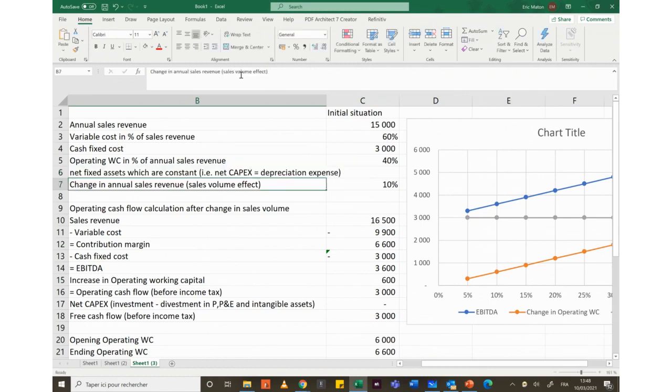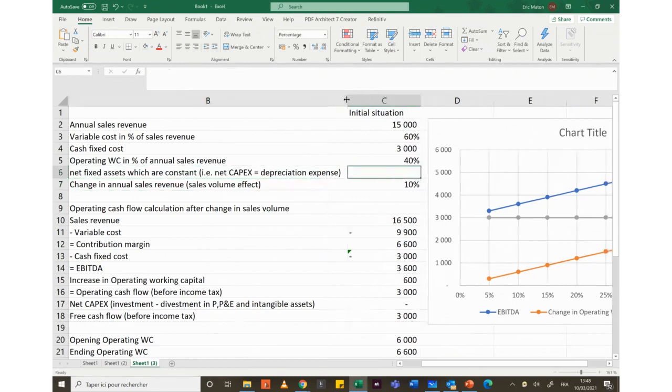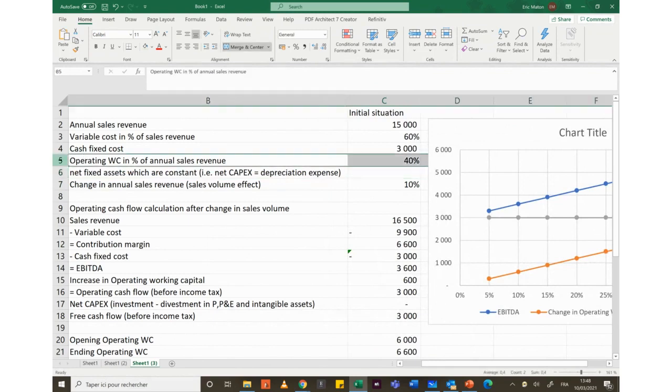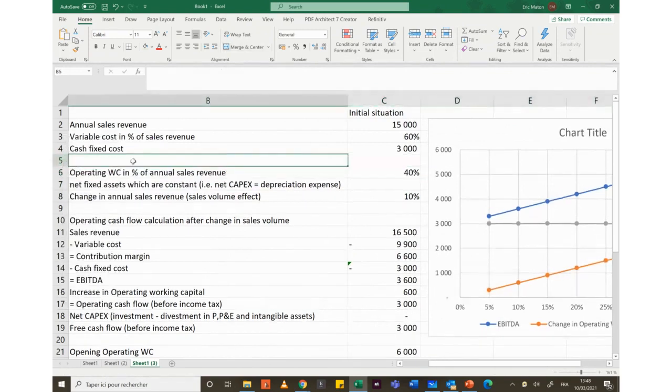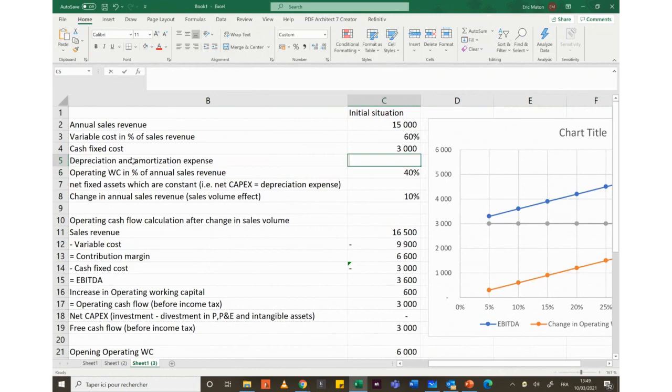In this case, you have to define what is non-cash. Here we have non-cash fixed assets. We include some depreciation and amortization expense, for instance 500. So it means we have the same in this one, so the investments we need are 500.